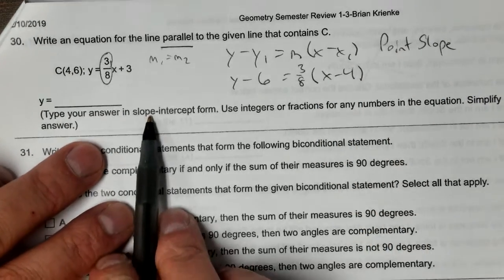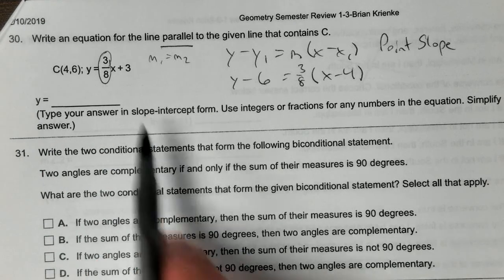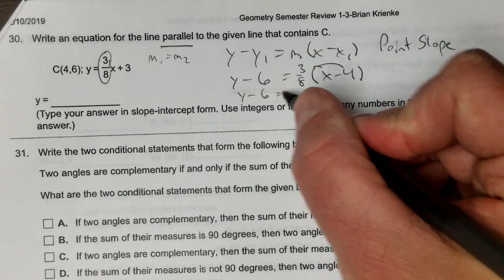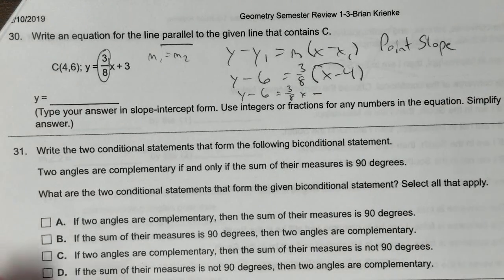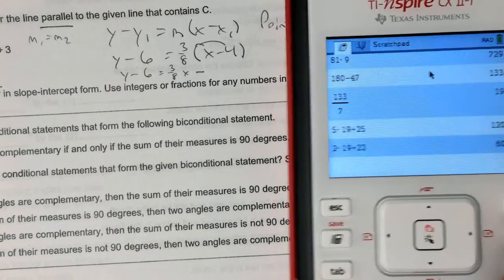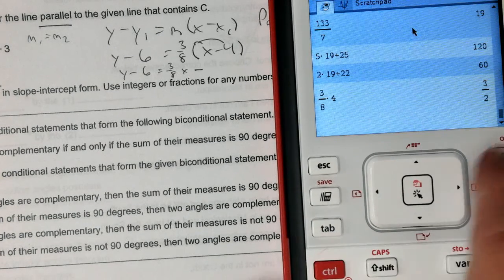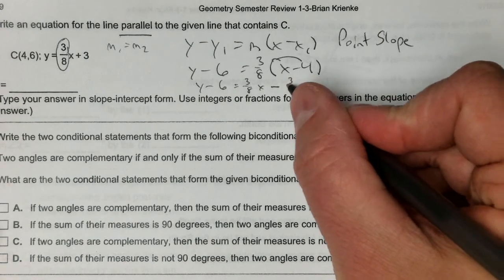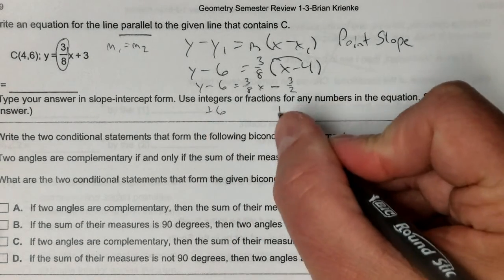Again, this one wants it in slope-intercept form, and so we have to do a little bit more work. We've got to distribute this. Then we'll do 3/8 times 4. I get 3/2. I've already put my minus sign there. And then we add 6.